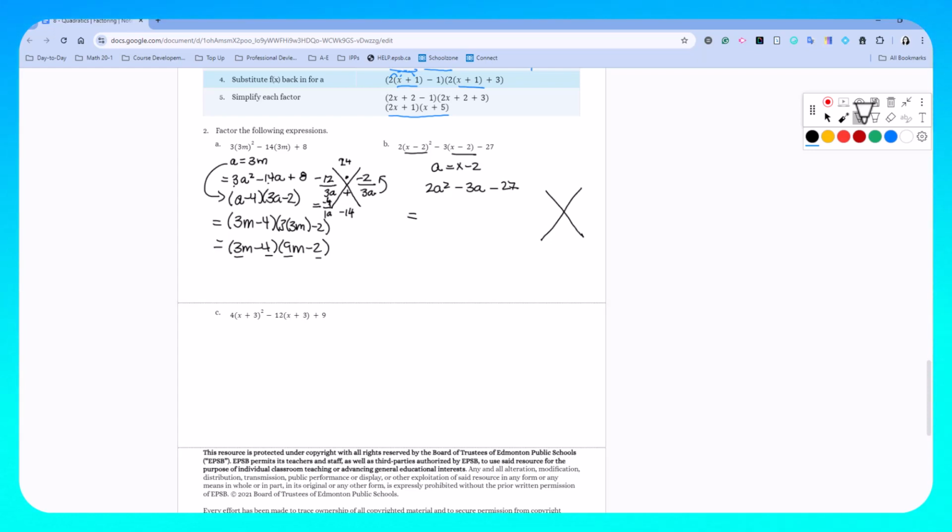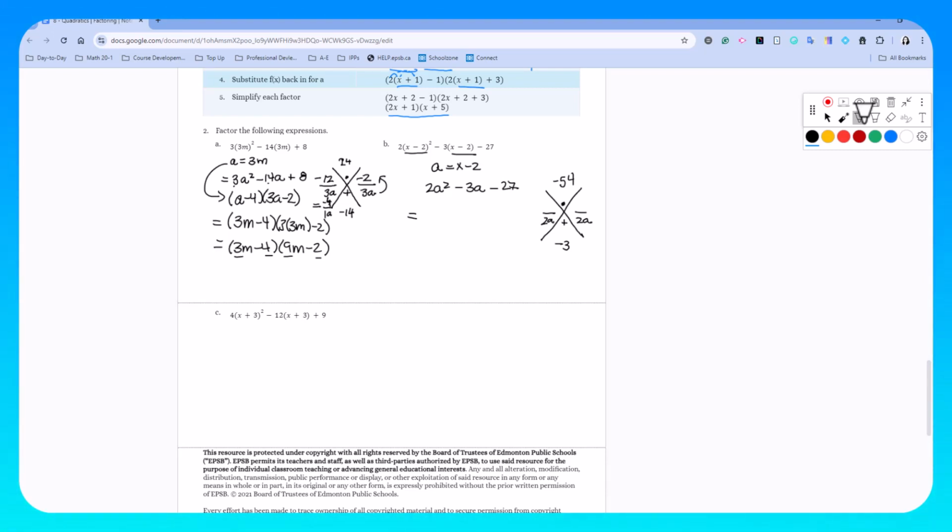And we are going to multiply 2 times negative 27, which is going to give us a negative 54. In the middle, at the bottom, we got a negative 3. So remember, this is multiply, this is add. We're going to put 2a here and 2a here.